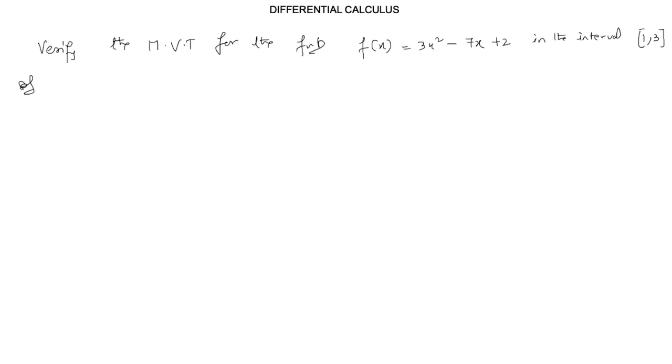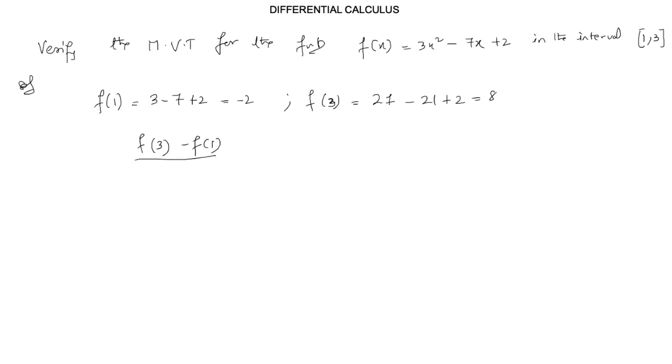So f of x being a polynomial is continuous and differentiable in R, and f of 1 is 3 minus 7 plus 2, which gives out to be minus 2, and f of 3 would be 27 minus 21 plus 2, which gives out to be 8.